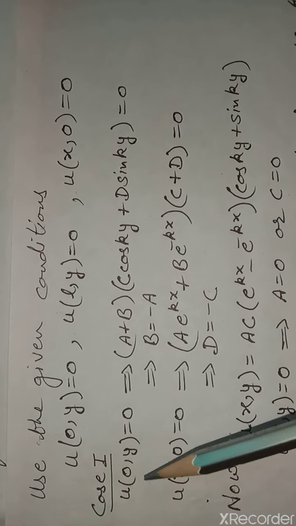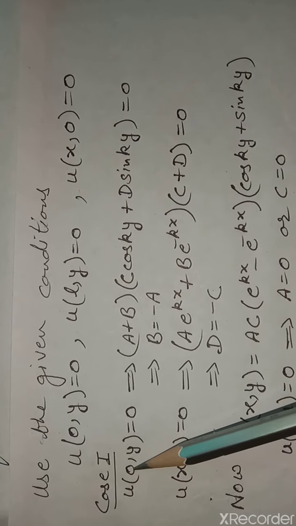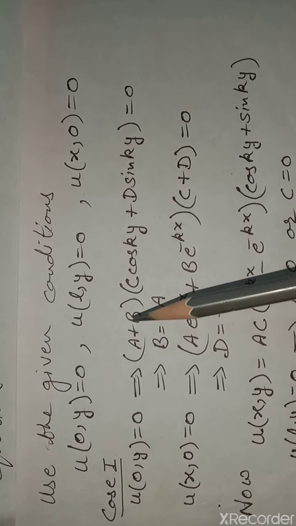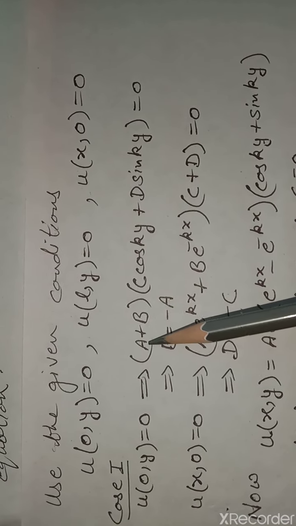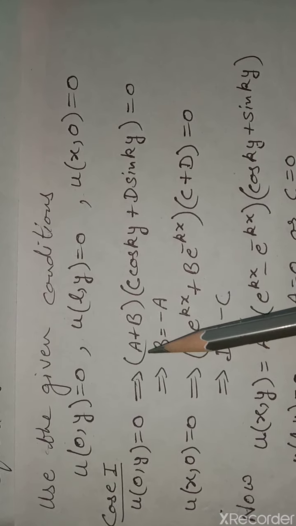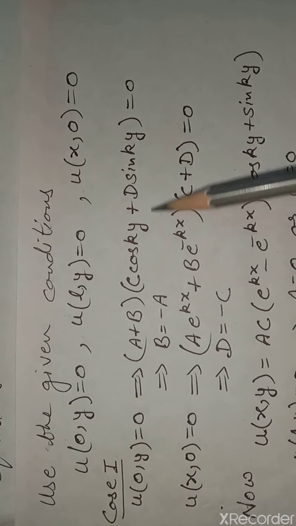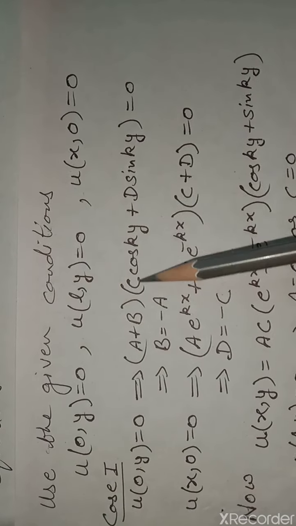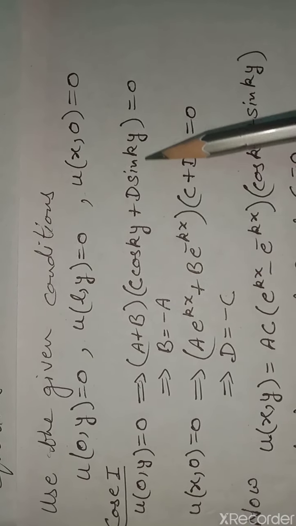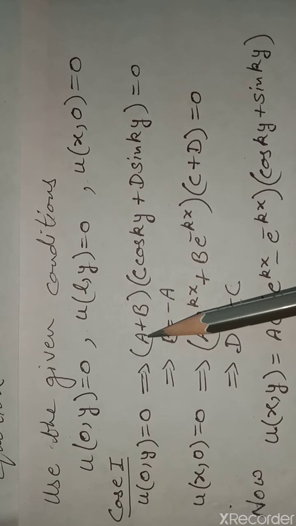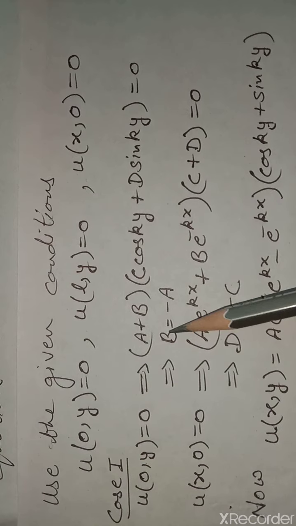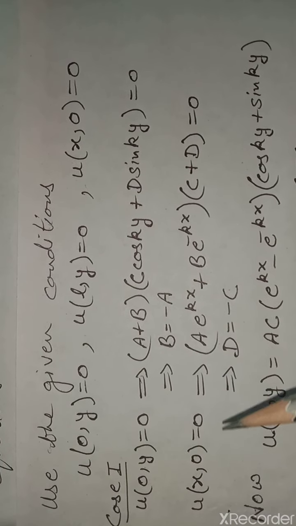And now in that solution, we put x is equal to 0. When we put x is equal to 0, then that solution reduces to (a plus b) multiplied by this, which is equal to 0. This cannot be 0 always, so we write a plus b is 0. A plus b is 0 means b is equal to negative of a.